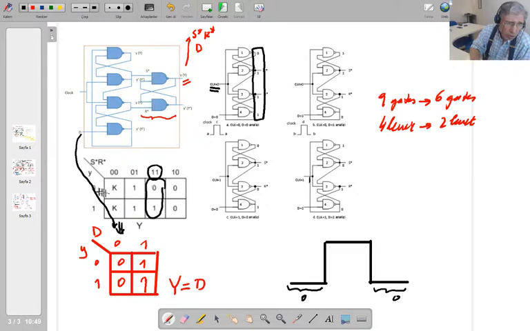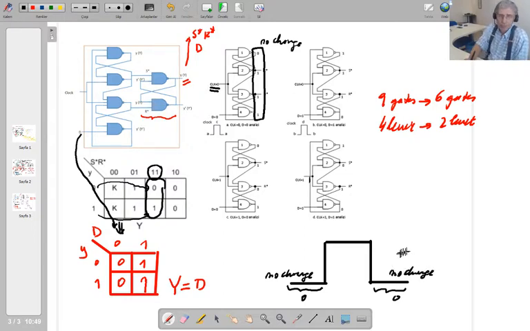Whatever the present state value is, the next state value is the same, and same here. So no change, no change. Let me write here. So in here, no change, no change. When I say no change, it means state is not going to change.